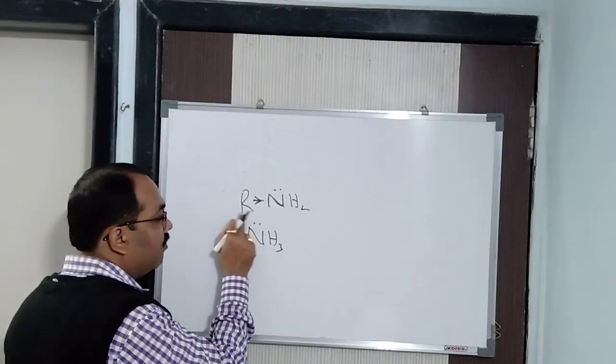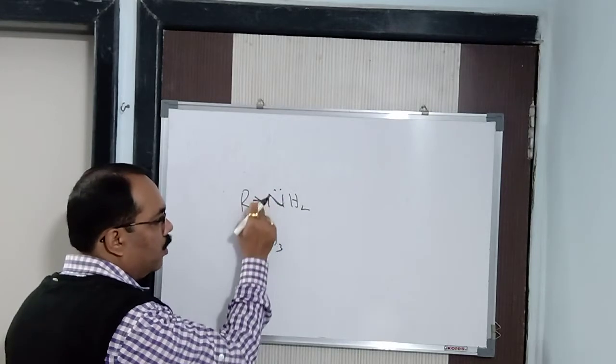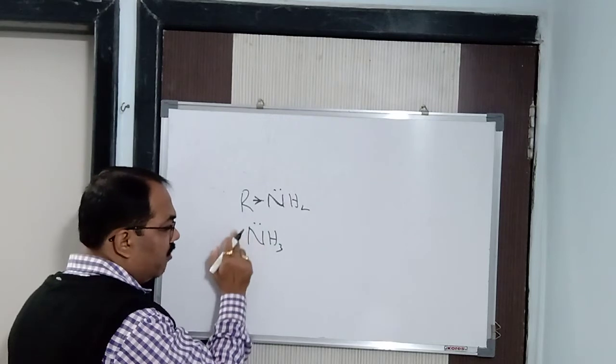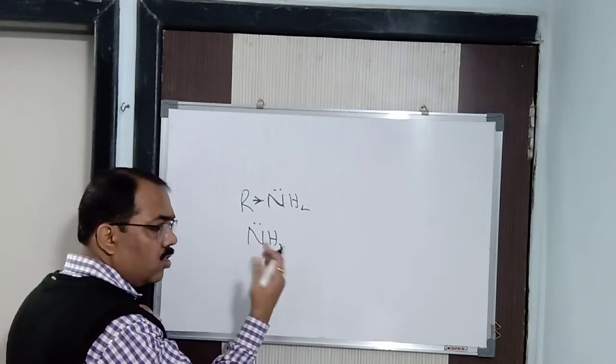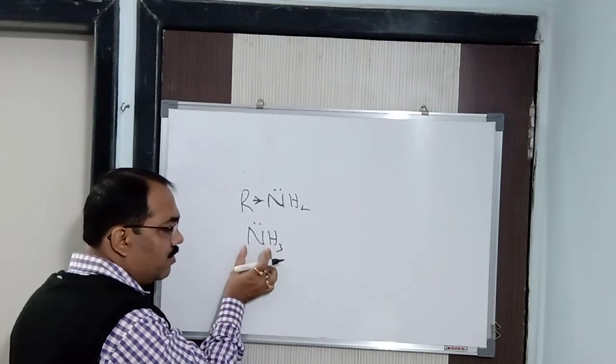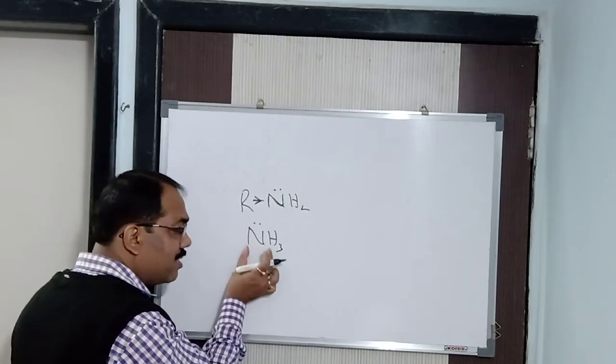So due to the plus I effect, the basic character increases. In ammonia there is no electron donor alkyl group, so with the absence of the electron donor group, ammonia is less basic than amines.